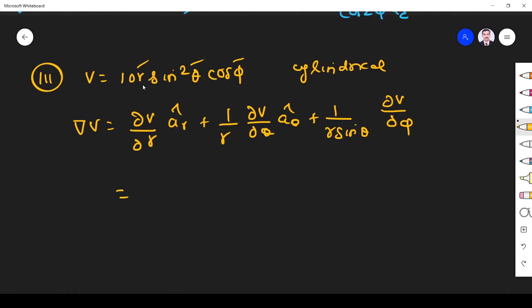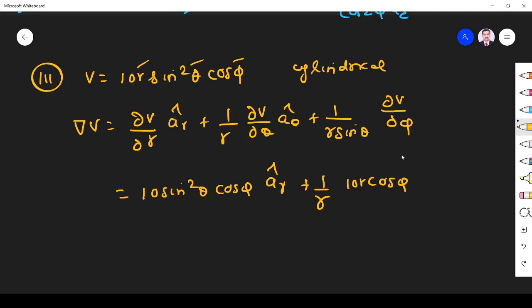So again, I have to differentiate. First, differentiate with respect to r. So what is the thing that happens? 10 sine squared theta cos phi is a constant. Differentiation of r is 1. So simply this one. Next 1 by r, differentiate with respect to theta. So 10 r cos phi is constant. Sine squared theta, if you differentiate, what will happen?